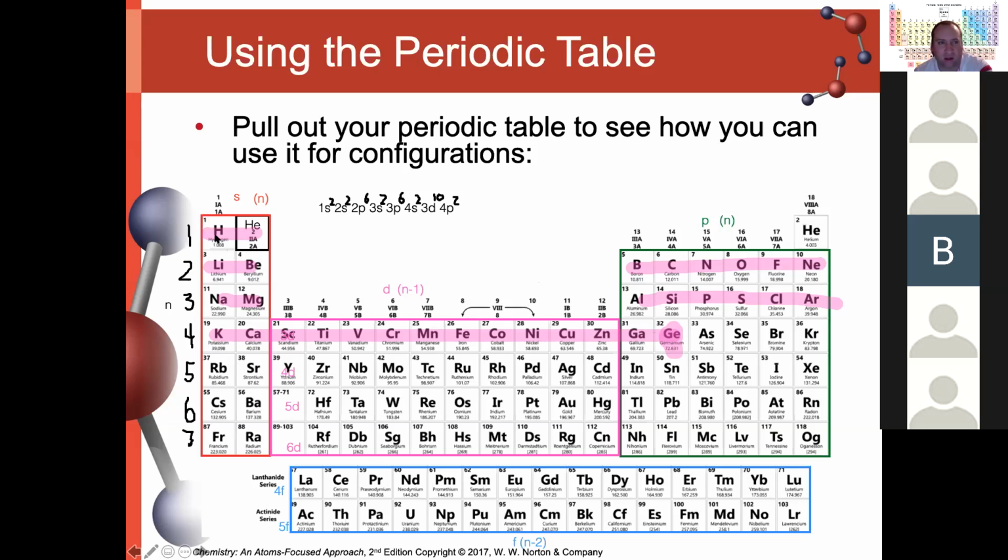I could count, okay, there are 1, 2 here in the S. There are 1, 2, 3, 4, 5, 6 here in the P. But that's the way I would do it. And so the superscripts are how I tell how many electrons are in a given sublevel. And that's what I have to do ultimately.